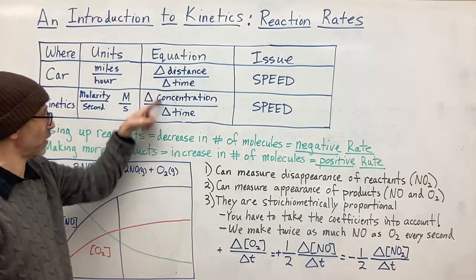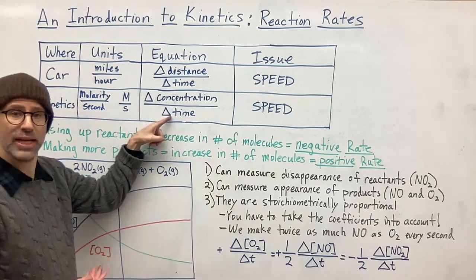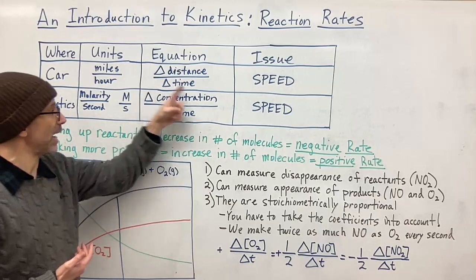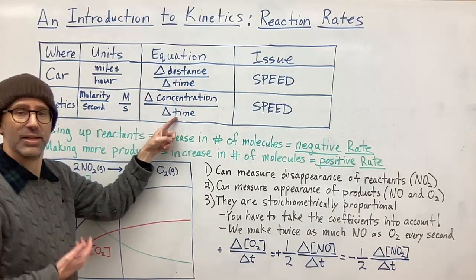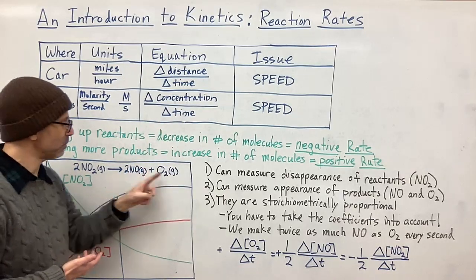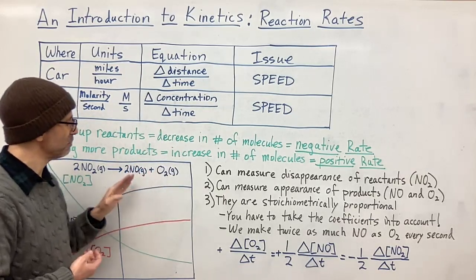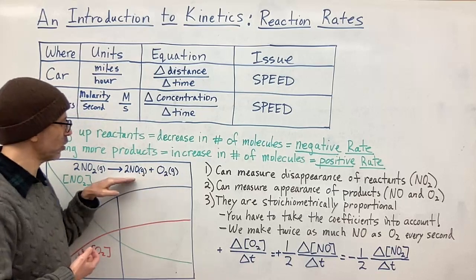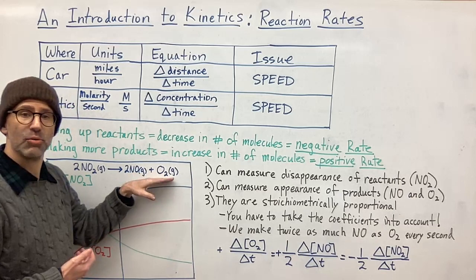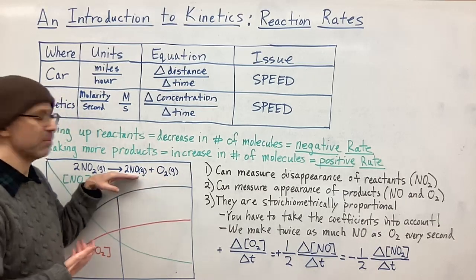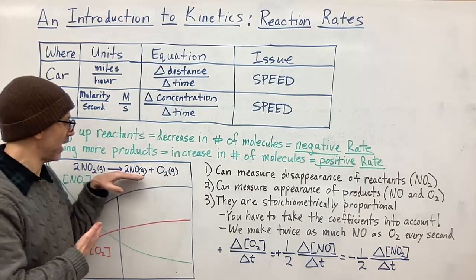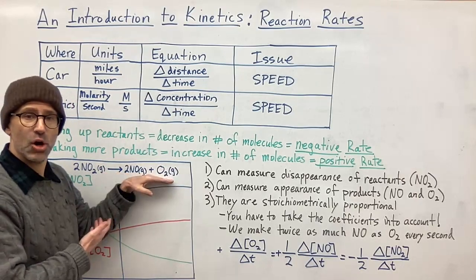So if I use NO, and I don't take into consideration the stoichiometric amount, then when I calculate the rate of the reaction according to NO, as opposed to the rate of change with regard to O2, I'm going to get a reaction rate that's twice as fast when I use NO versus O2.